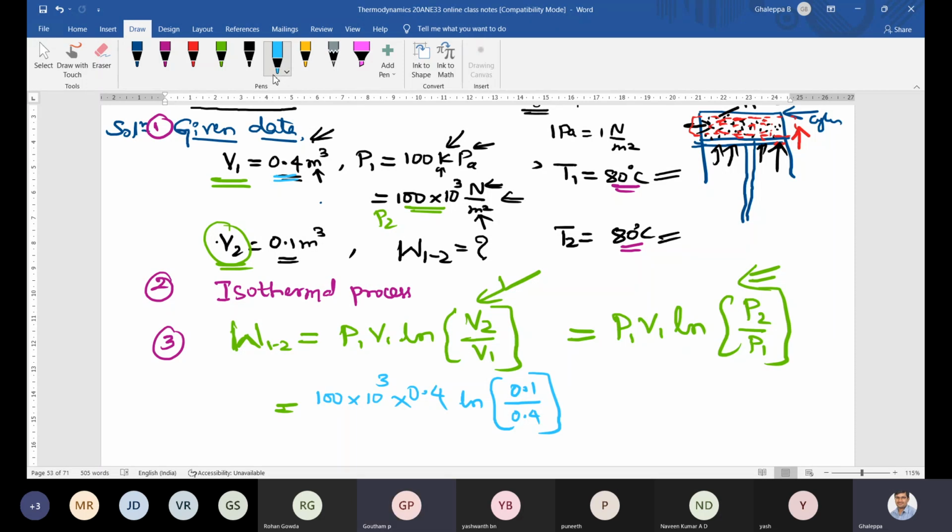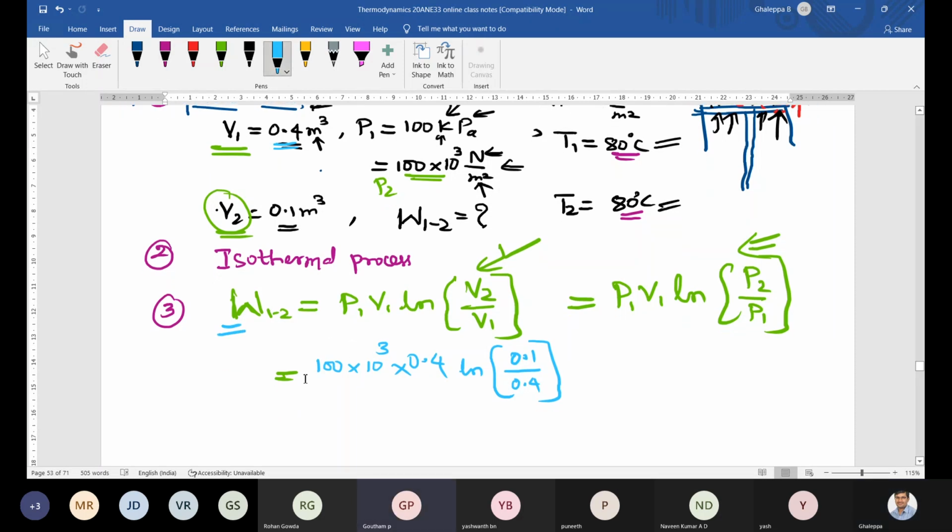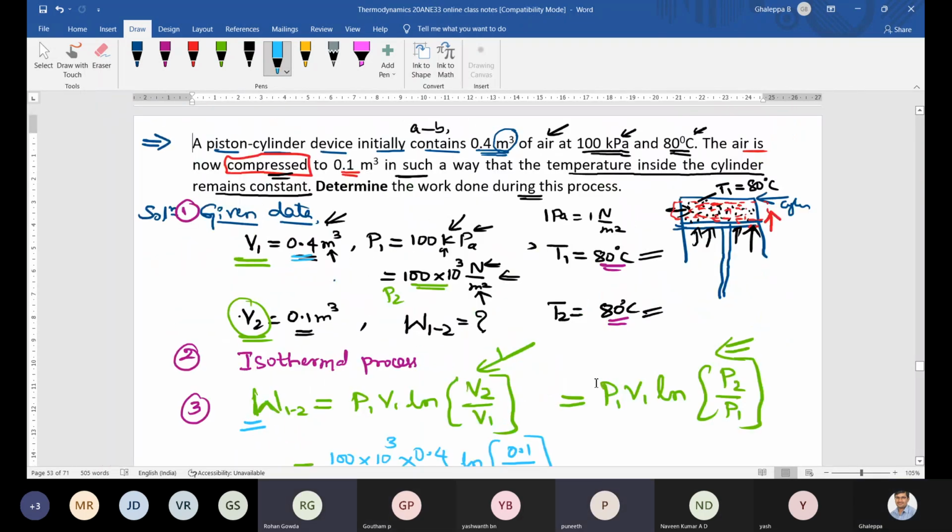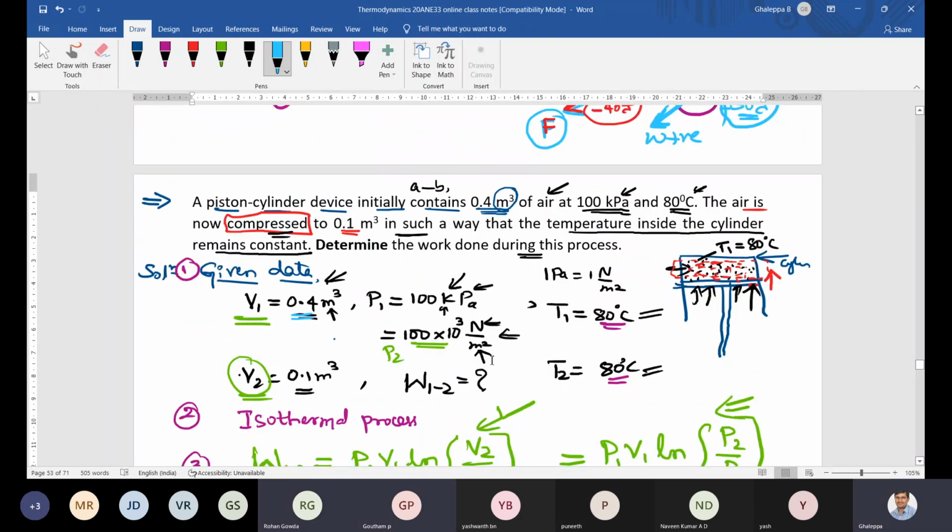Dear students, before calculating this answer, tell me, will the value of work done be negative or positive? Negative. Why is it negative? Sir, because V2 is compressed to 0.1. Yes, the process is compression. In compression you have to supply work to the air.